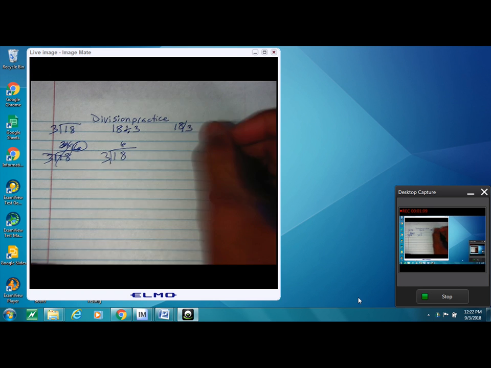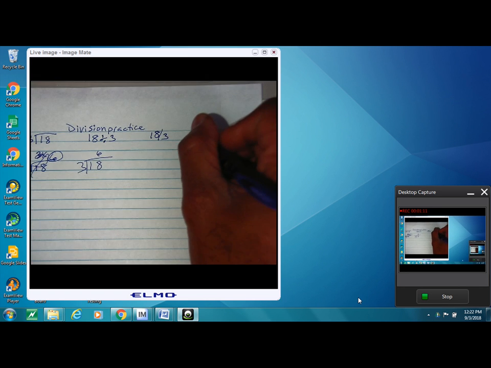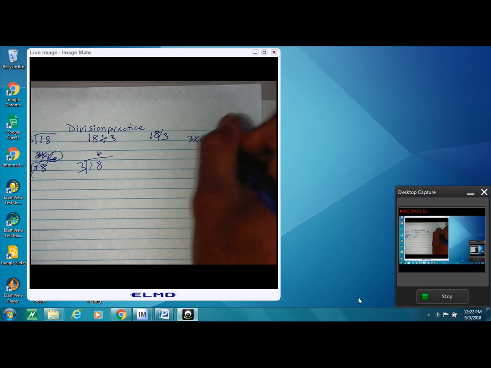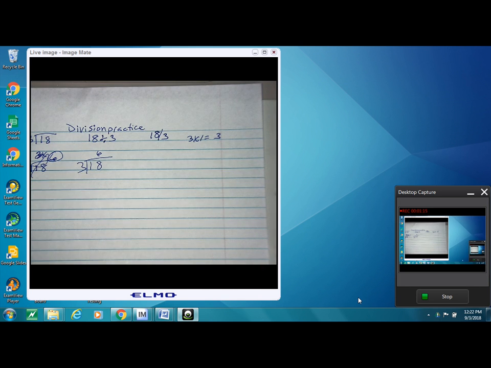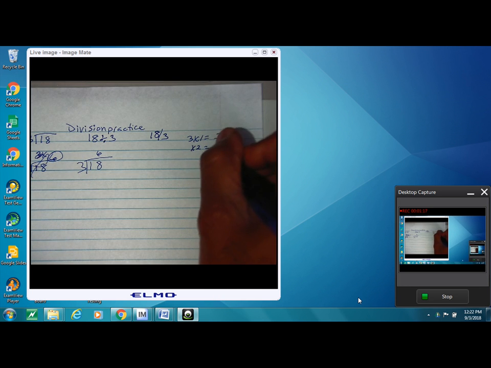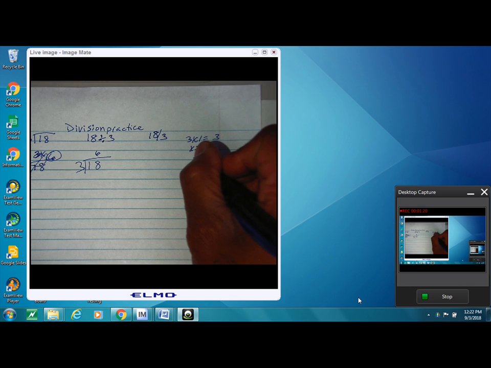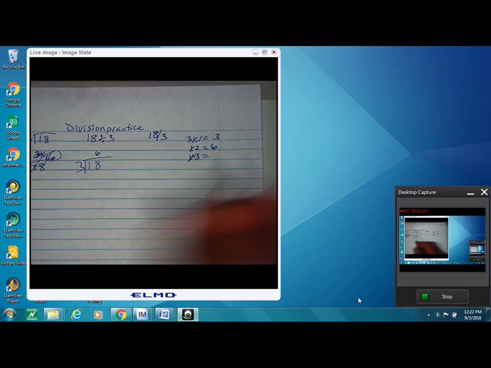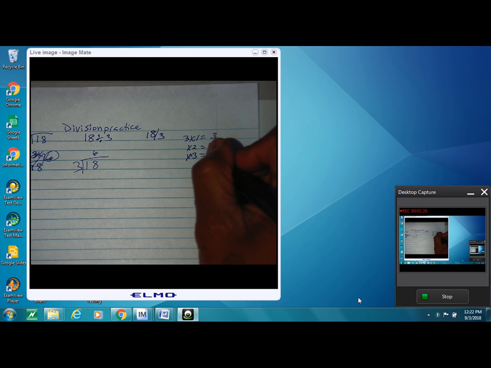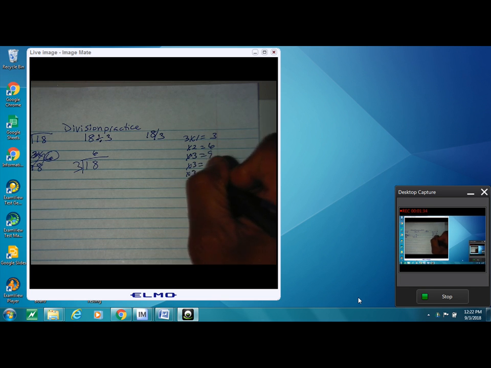One of the things you can do is you can list your 3 times tables. 3 times 1 is 3. Times 2 is 6. Times 3, and what you're trying to do is get as close to 18 without going over. Times 3 is 9. Times 3 again is 12, 15, and 18.